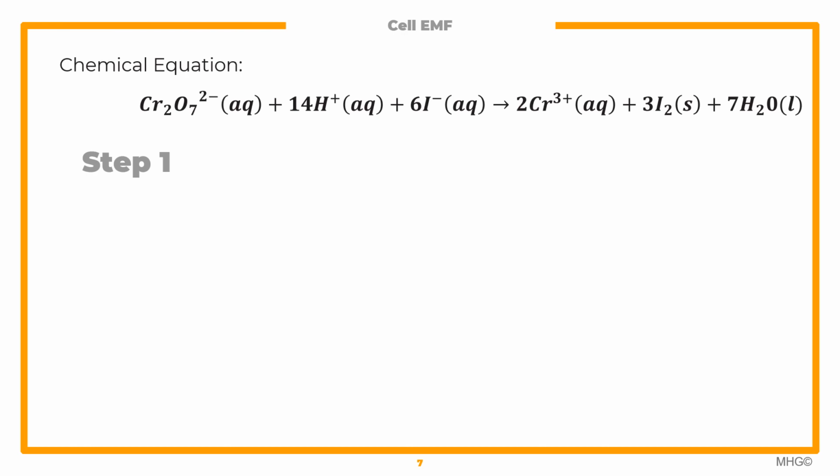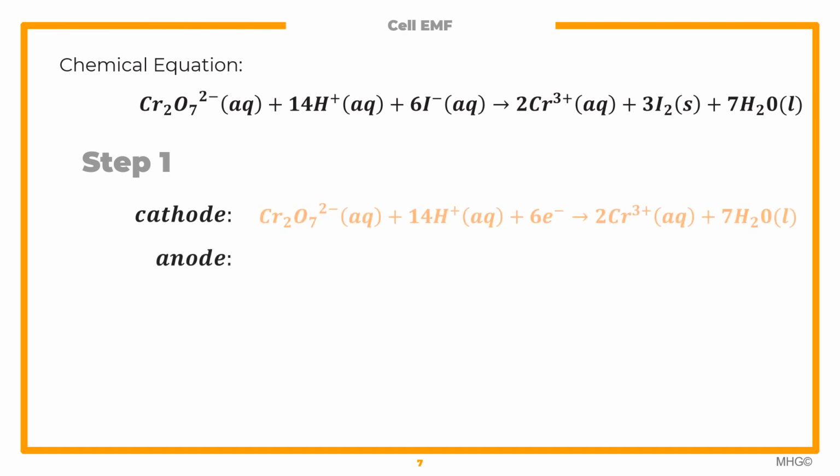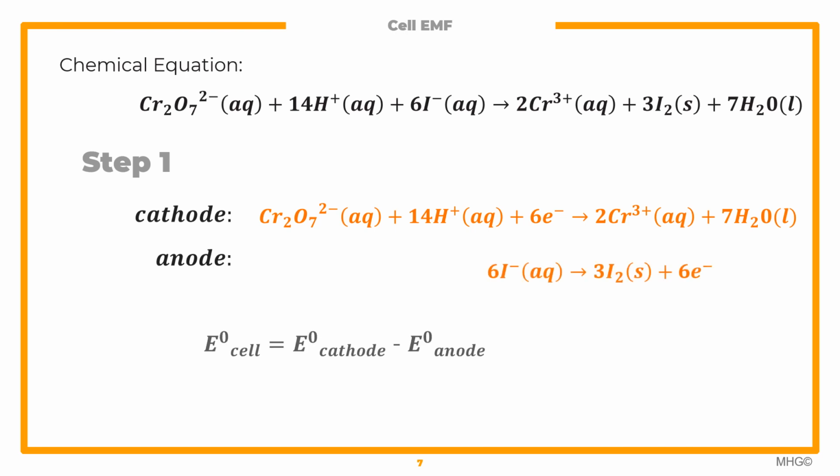So to simplify, our first step is to find which of the elements satisfy a cathodic reaction and which one satisfies an anodic reaction. In this case, our cathodic reaction is the reaction for chromium, and our anodic reaction is the reaction of iodine.